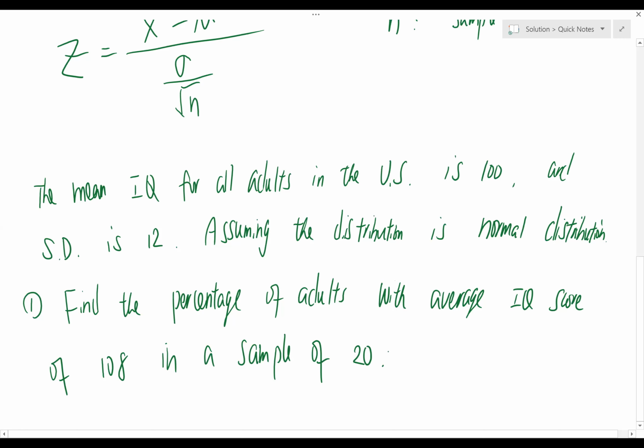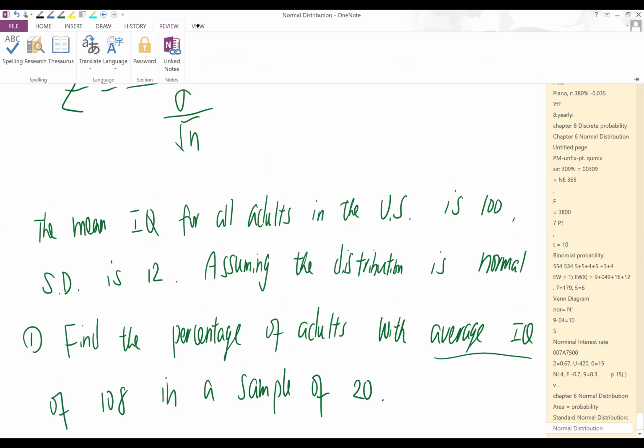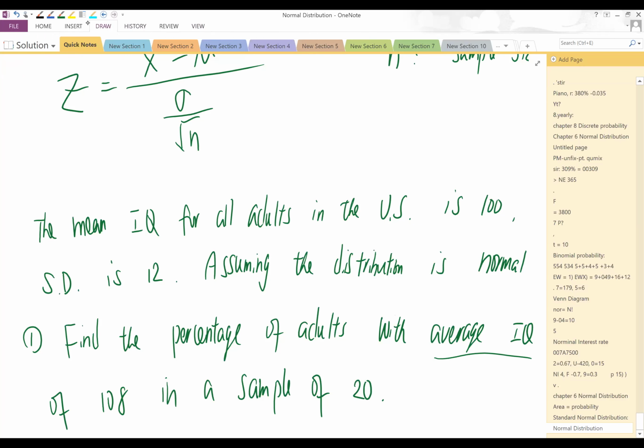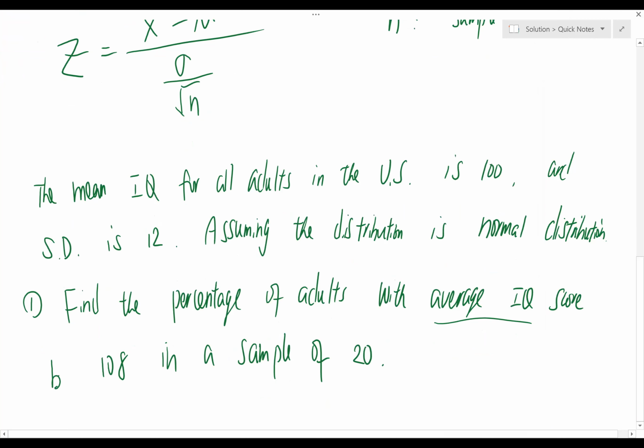So basically you have a sample of 20 adults, and you want to find the percentage whose average IQ score will be below 108 in a sample of 20.